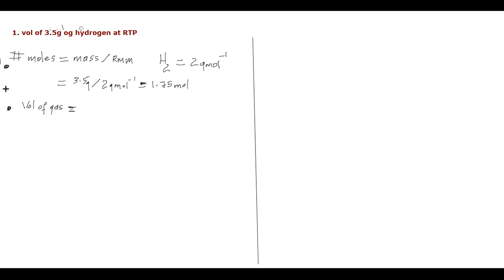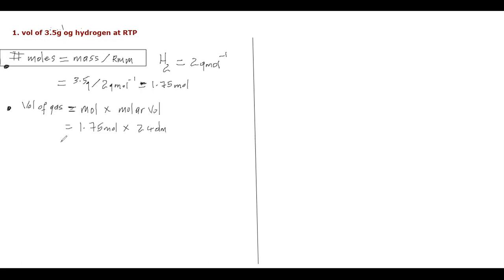All right, that's fine. That's correct. So then I did 1.75 times 24. So mole times molar volume, and because it was at RTP, the molar volume is 24 dm cubed, right? Yes. So then I got 42 dm cube, or 42,000 cm cube.